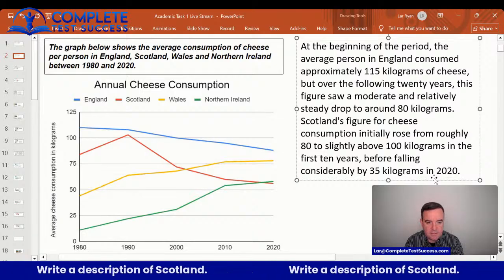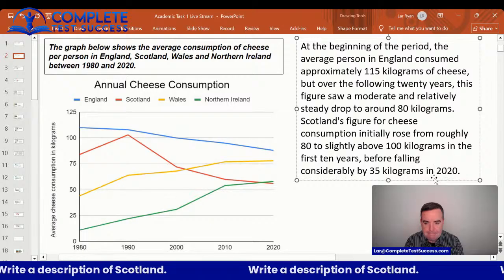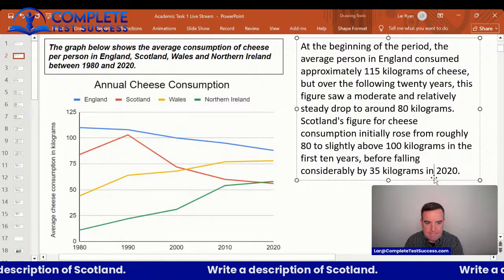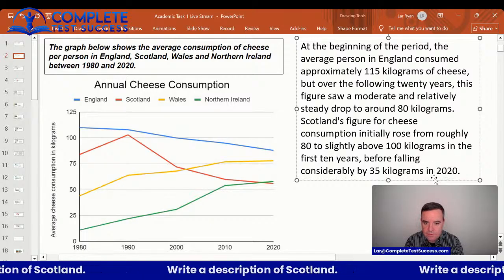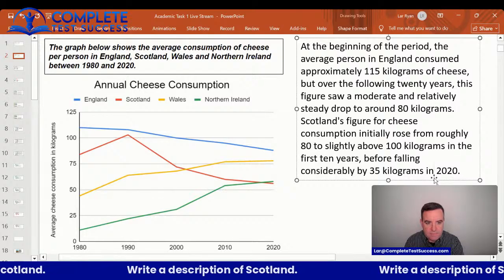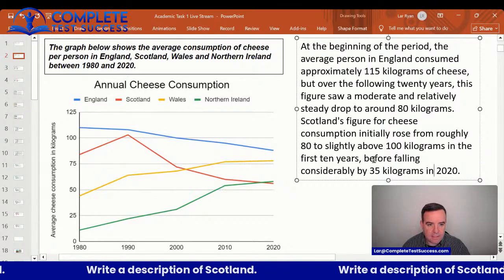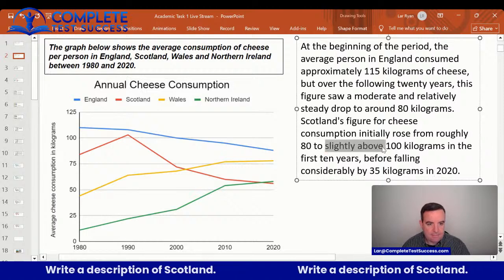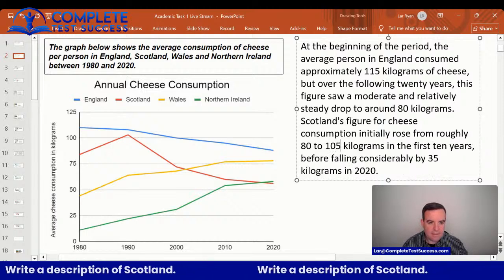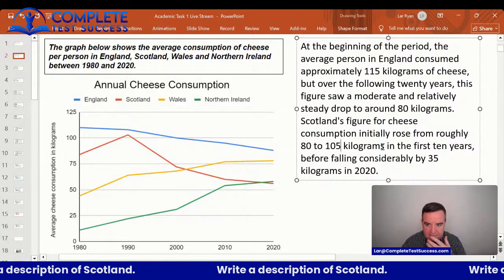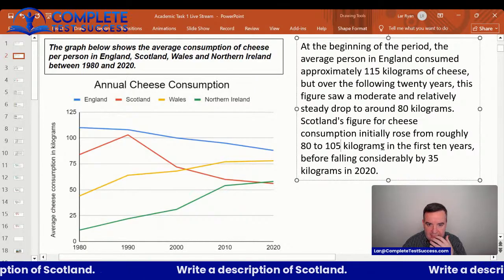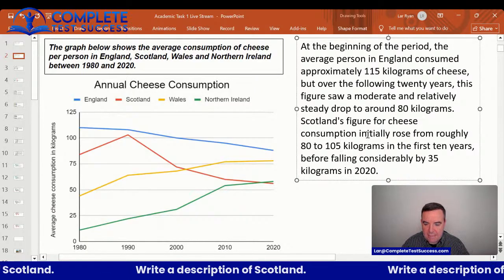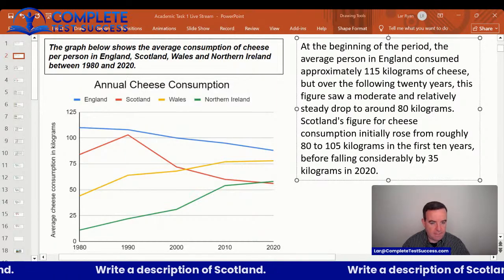Is that correct? I'm not sure if it is. So let's make it easier. Let's say 105. So you're going to say to 70. But it's not, is it? My math is getting me here.